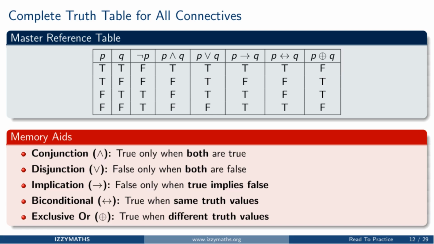Disjunction is false only when both are false. Implication is false only when true implies false. Biconditional is true when same truth values. Exclusive or is true when different truth values. This table will be your quick reference as we work through more complex problems.